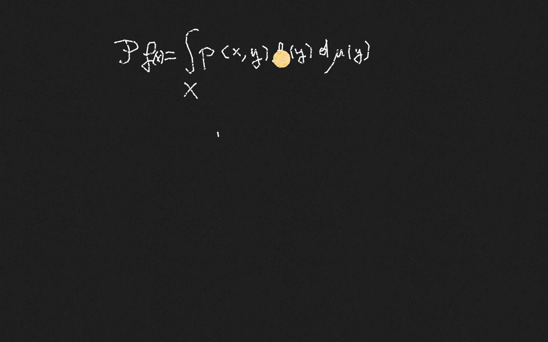And here P of xy is K of xy over, well, dx or dy, whatever you want. It's symmetric, so it's the same. Now, P is not symmetric anymore.